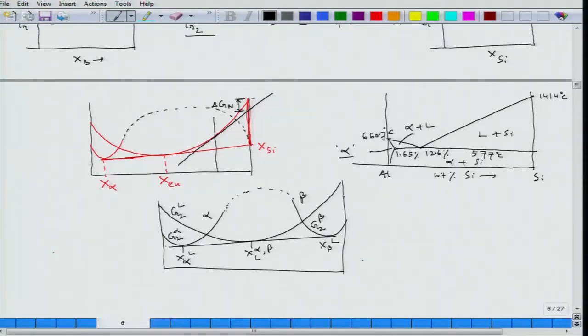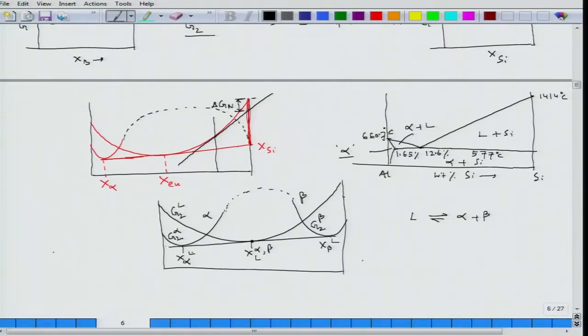This is the difference when I have different crystal structures, and here also I am getting a eutectic because the liquid is in equilibrium with two different phases, and the composition would disintegrate into two alloys.